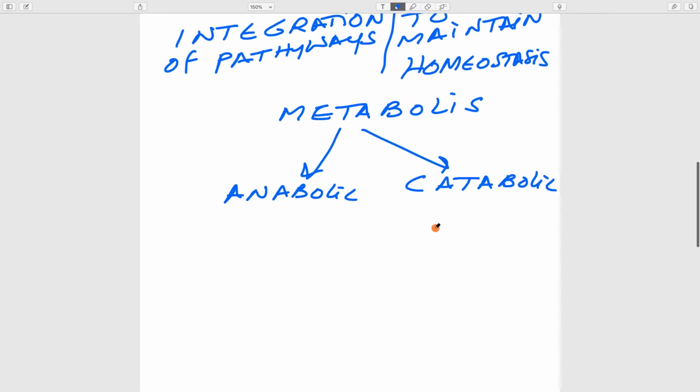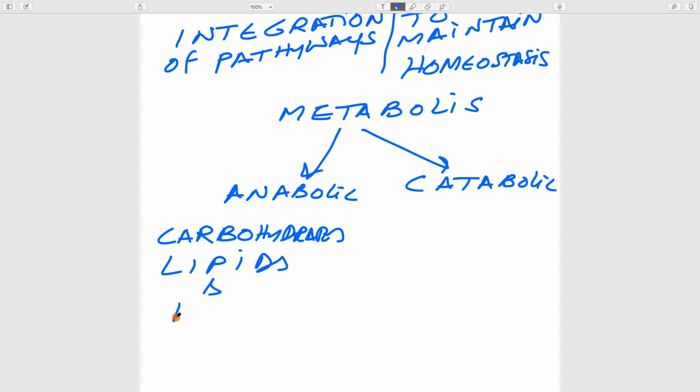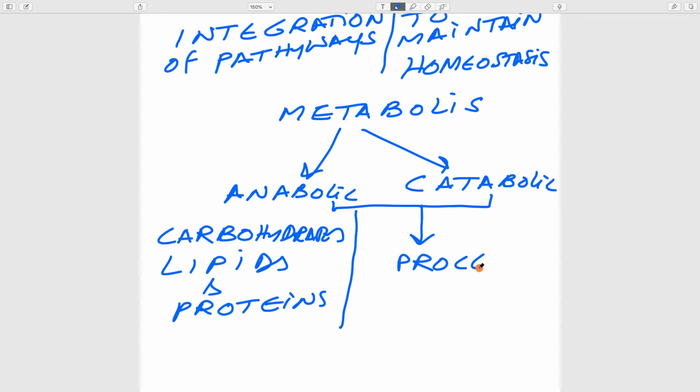So mainly we are referring to three metabolic pathways. Of course, there are other pathways also. What are those? Those are the metabolites: carbohydrates, lipids, that is fats, and proteins. So these are the major constituents. What happens? Through the synthetic pathway and catabolic pathway, processing of these nutrients is taking place. Processed for what?